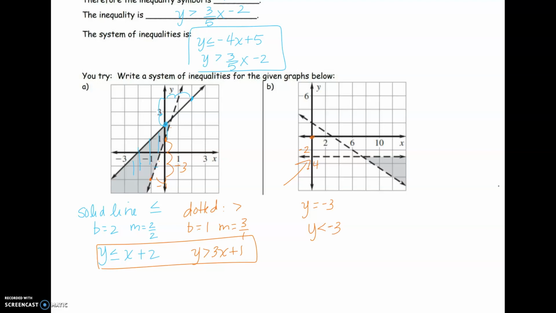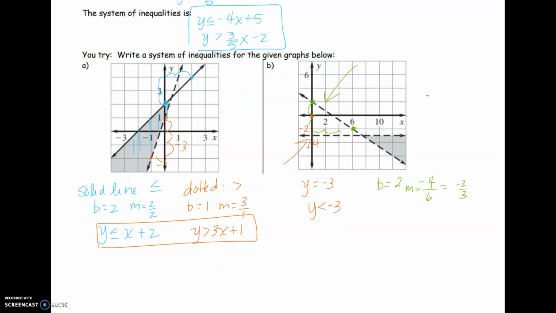Okay, let's do the other dotted line. The other dotted line is this one. It's crossing at 2. So my b is 2. Okay. And then I've got to think about where I'm going to. It looks like I can go down here. So this is going down 2, 4, and then 2, 4, 6. Okay, so I'm going down 4 and right 6, which is my slope, equivalent to negative 2/3, and that's because the graph is labeled that way.